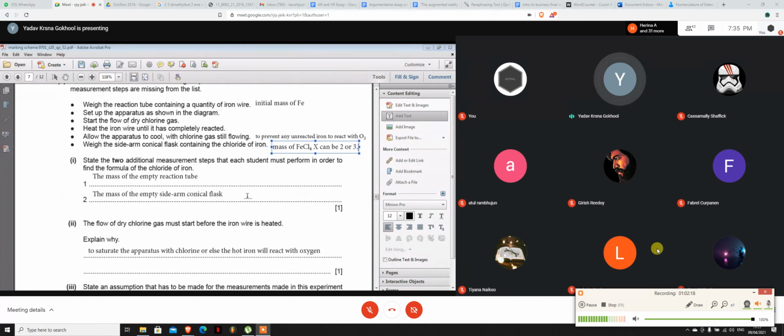So you write down mass of empty reaction tube, then mass of reaction tube plus iron per gram, then mass of iron used, then mass of empty sidearm conical flask per gram, mass of sidearm conical flask plus FeCl_x per gram, mass of FeCl_x formed per gram. Only one table with six rows.